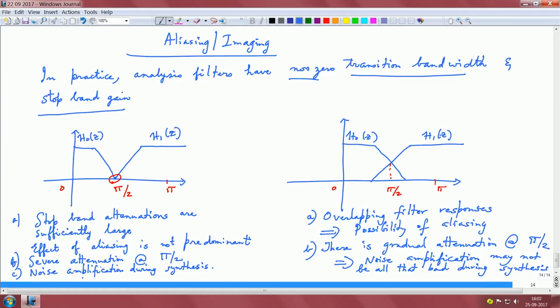But unless we derive the equation for the reconstructed signal, we will not be in a position to see where aliasing is coming, how you can overcome aliasing. This is very important. And then what would you do for your other artifacts, such as the residual amplitude distortion, phase distortion, and so on. So, we are now getting an idea how to go about analysis of the filter bank.